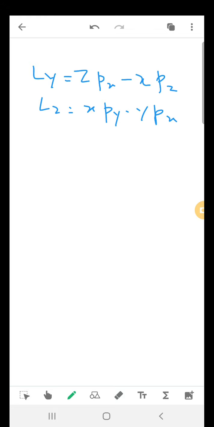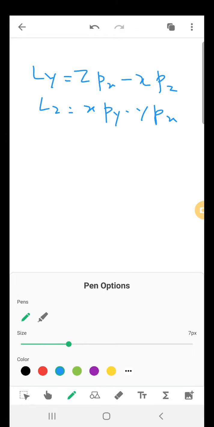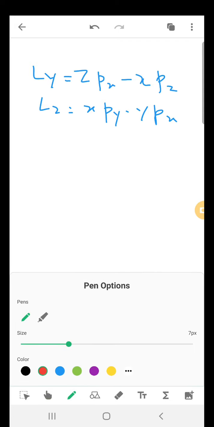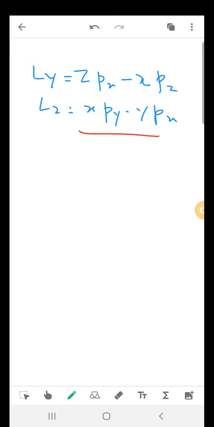In order to determine the eigenvalues and eigenfunctions of the operator L squared, we can express Lx, Ly, and Lz in terms of spherical polar coordinates. So these all are in Cartesian coordinates. This has to be converted into spherical polar coordinates, that means in terms of r, theta, and phi.